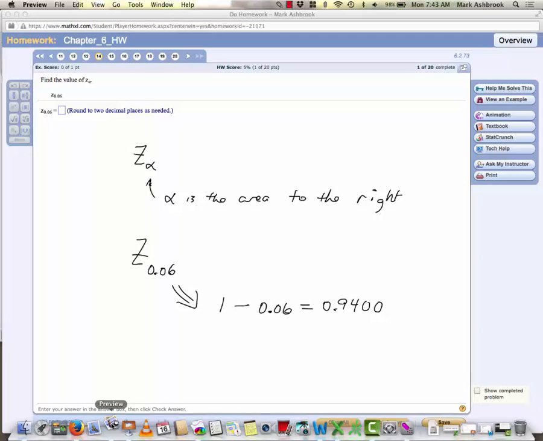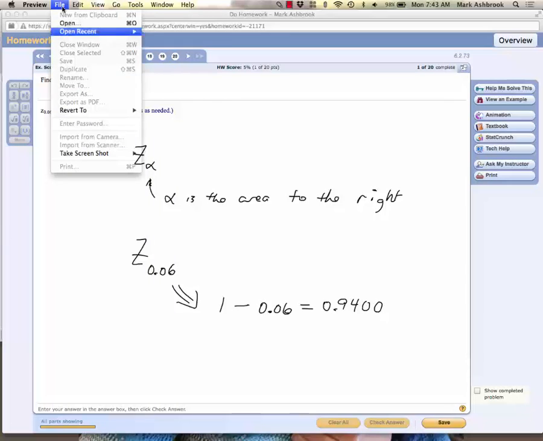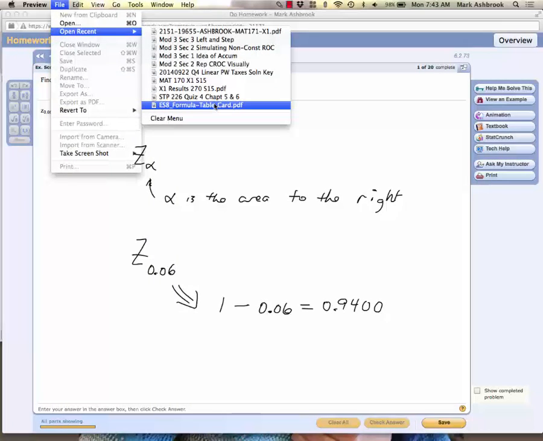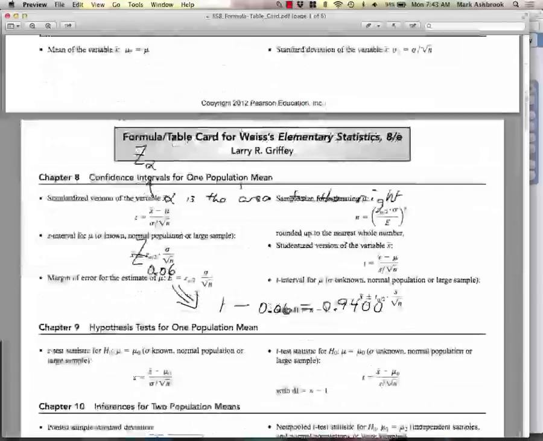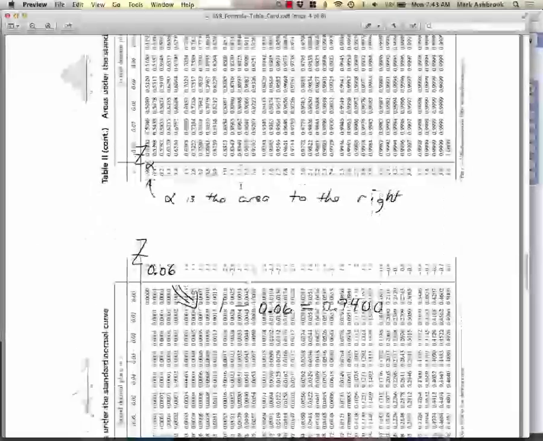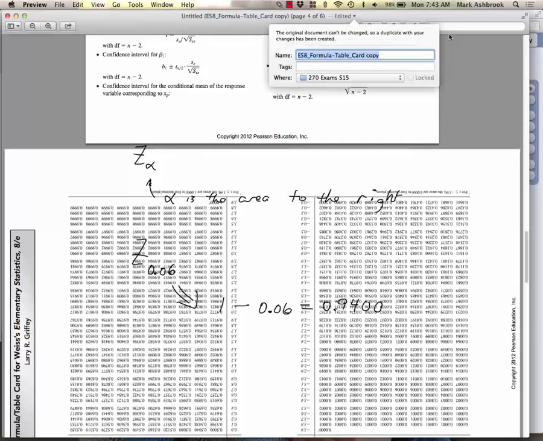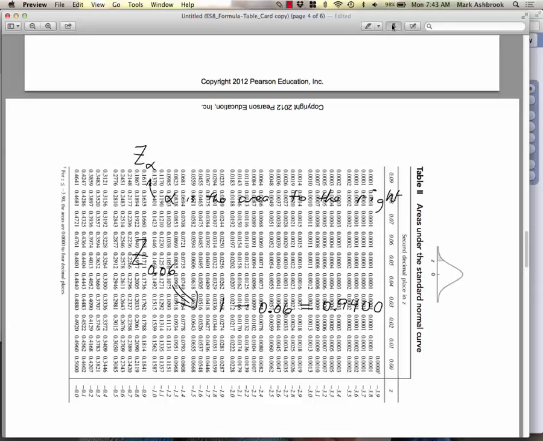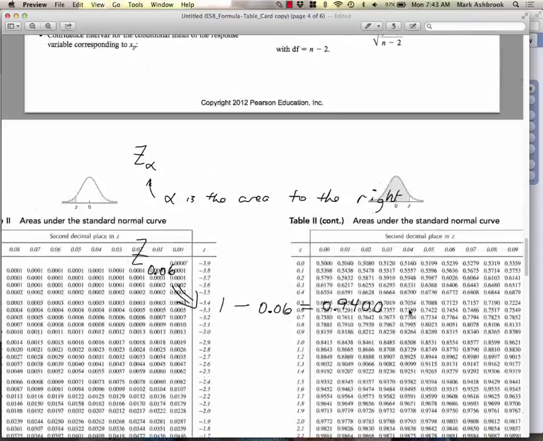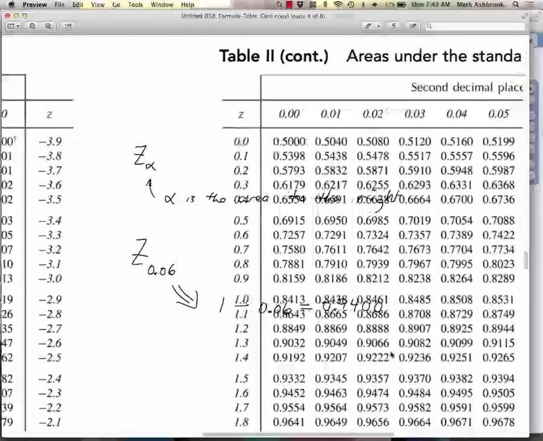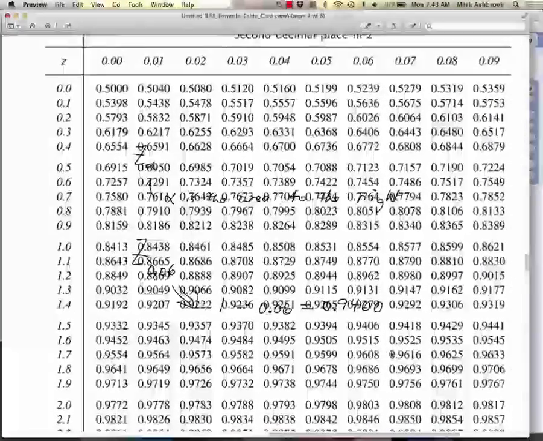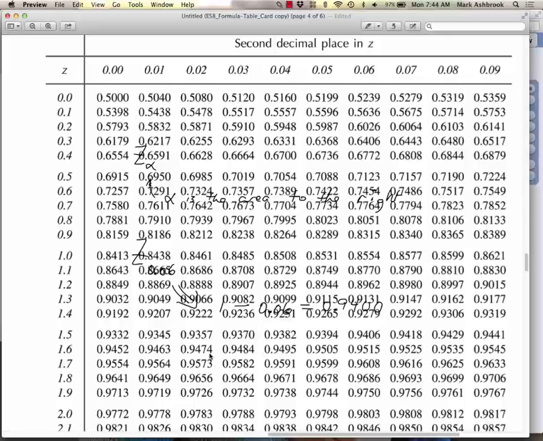So 0.9400 is going to be, there's 0.93, is it right in between those two?